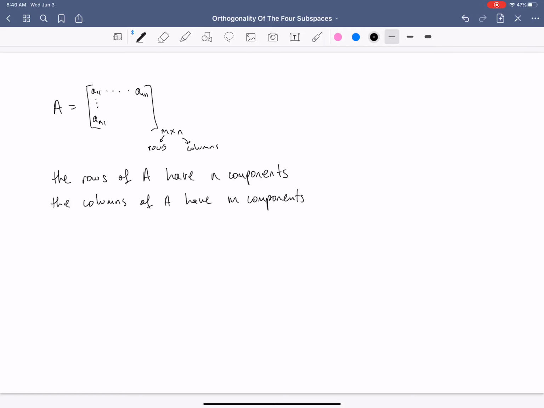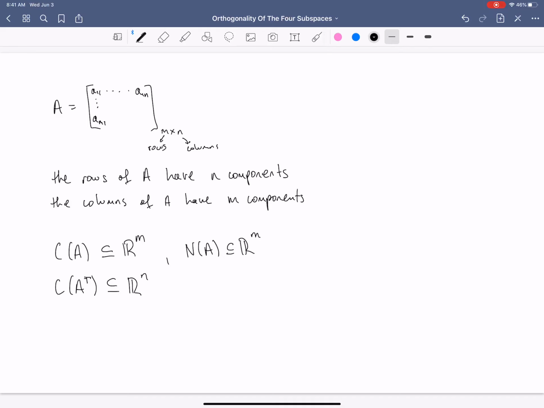So from here, I can say that the column space of A is a subspace of Rm, and the row space of A is a subspace of Rn. Now, from the fundamental theorem of linear algebra, we also know that the null space of A is also in Rm.